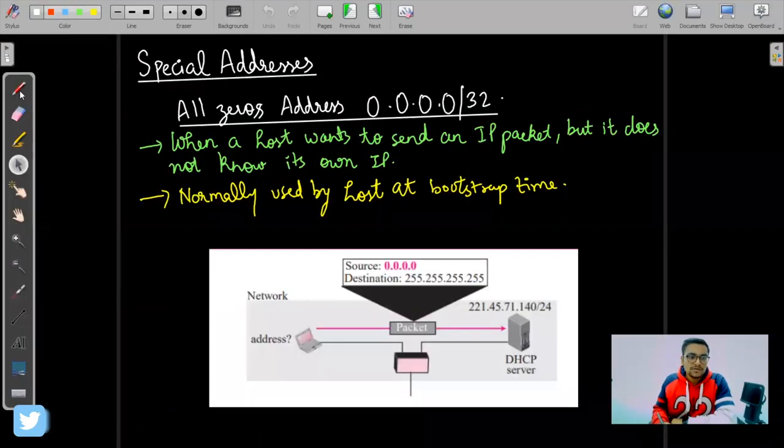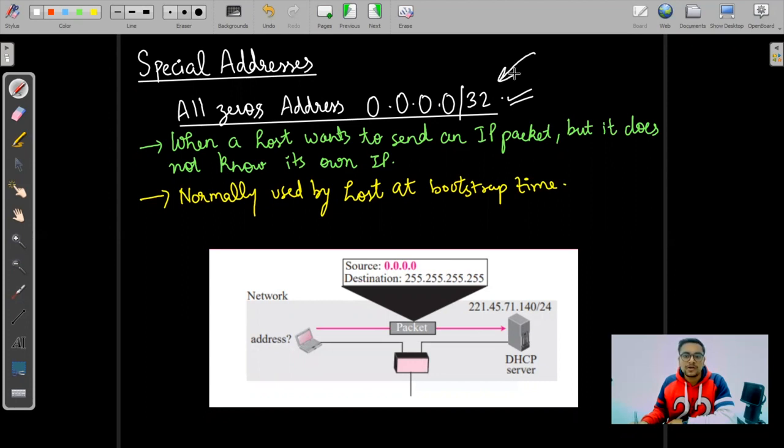First of all, I would like to tell you about the all zeros address. Let's suppose there is a host that does not know its own IP, and it wants to send an IP packet to some destination address. First of all, it would like to know its IP.